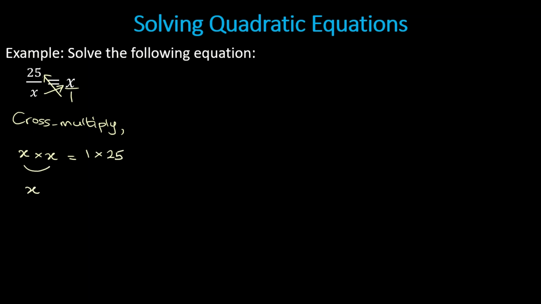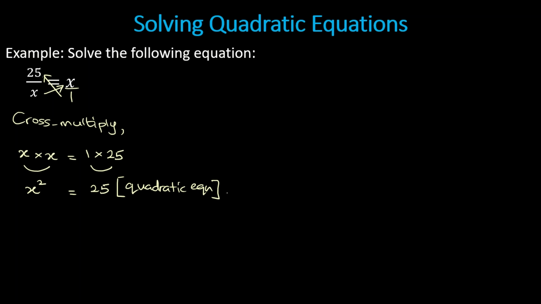X times x is x squared equals 1 times 25 is 25. Again we have got a quadratic equation. Now you decide which method you are going to use. As from here, either you use factorization or you use the second method, right?